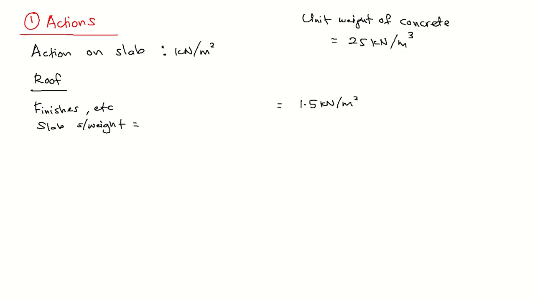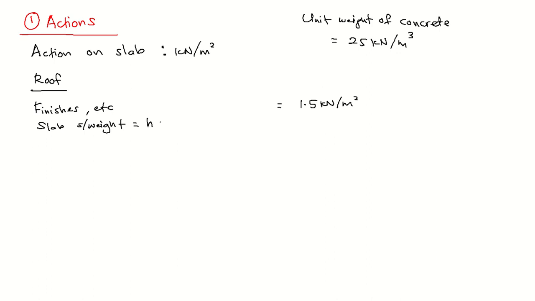So if we want to figure out the self-weight for slab in unit kilonewton per meter square, right? So what should we do? From 25 kilonewton per meter cube, to get kilonewton per meter square for slab self-weight, we times with the thickness of the slab.